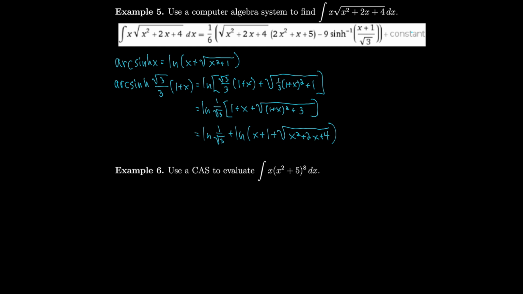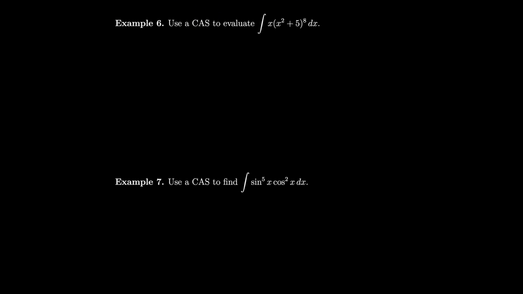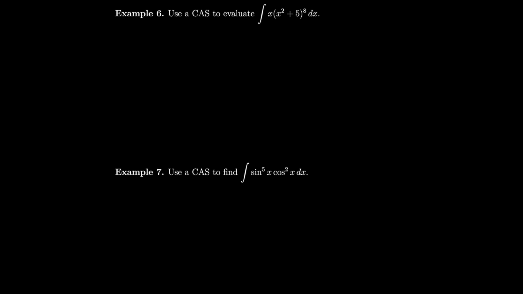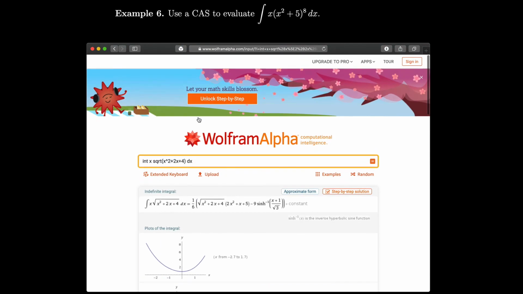Let's do another example where we use a computer algebra system to evaluate the integral of x times x squared plus 5 to the 8th dx. So we go back. Let's replace this with x times x squared plus 5 to the 8th.